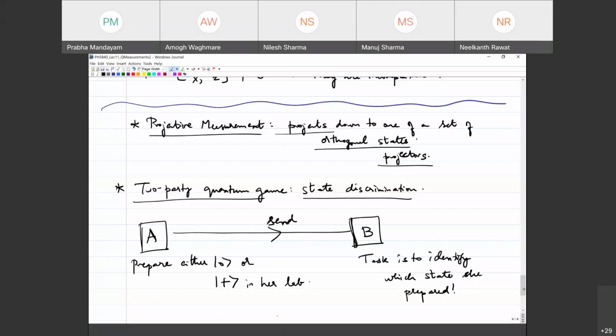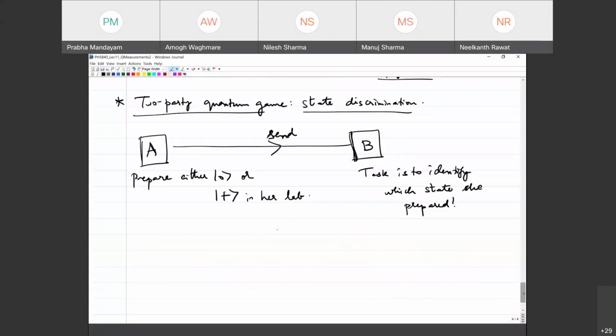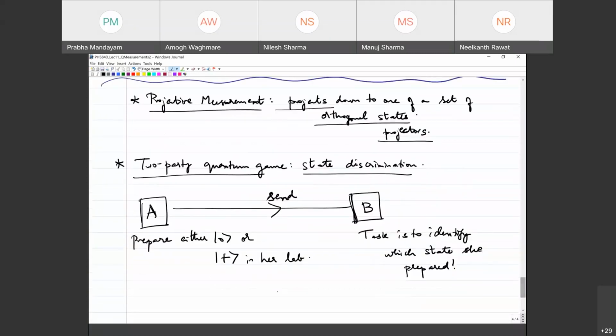Now we come to an example of a quantum information processing task where all of these ideas that you discussed about measurement will come to play an important role. So the question is, can Bharat win this game?